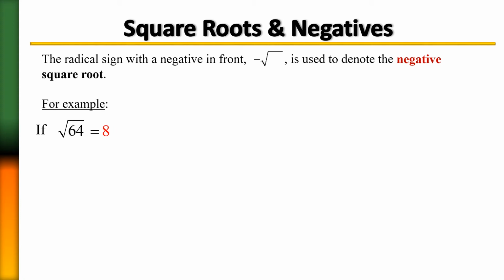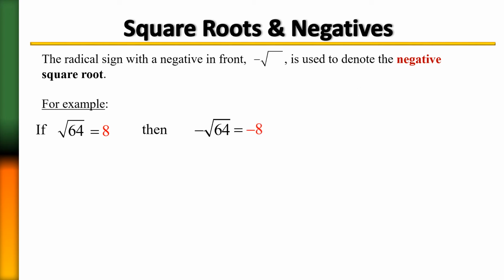However, if we put a negative in front of it, we're negating it, which means I want the very opposite of 8, which would be negative 8. So that is why the negative square root of 64 equals negative 8.